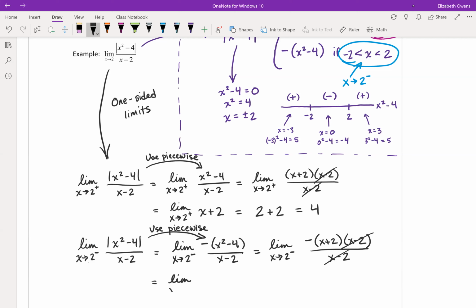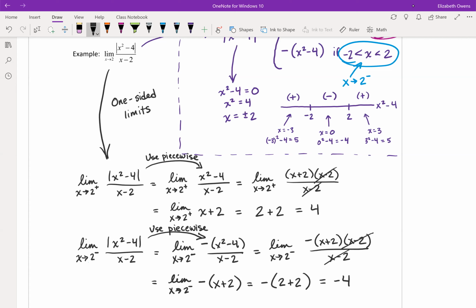And so we're going to have the limit as x approaches 2 from the left of negative, parentheses, x plus 2. Okay, so now we get to plug in because it's not a domain problem anymore. This is actually going to be defined now. So we get to plug in, again, x equals 2, the value that's being approached, even though it's coming from the left this time. And so we have negative, parentheses, 2 plus 2, and we get negative 4 for that left-hand limit.